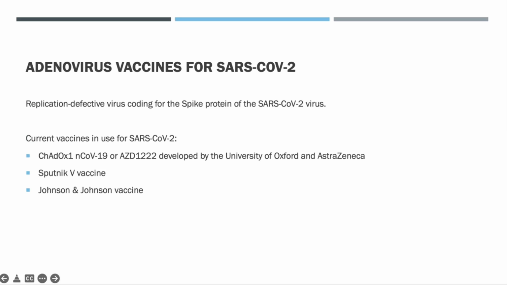Possibly most famously, we associate these in current times with vaccination for SARS-CoV-2. Of course, there are three well-known vaccines in widespread use for COVID-19 based on the adenovirus platform: the AstraZeneca vaccine, the Sputnik vaccine developed in Russia, and the Johnson & Johnson vaccine, used widely in the U.S.